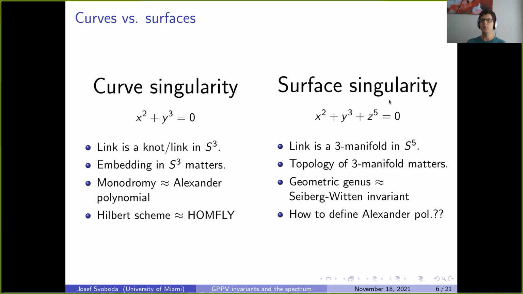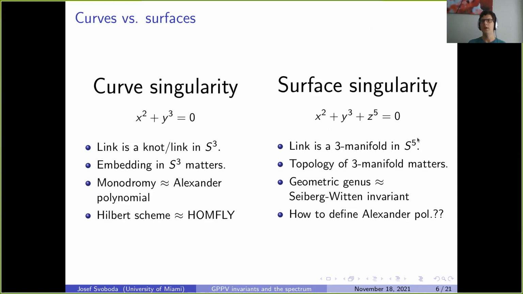Now this is very different because the link is a 3-manifold embedded in S5. But in general it's not a 3-sphere. It's a 3-sphere only when you take the simplest singularity, the A1 singularity. So what actually matters is the topology of this 3-manifold.